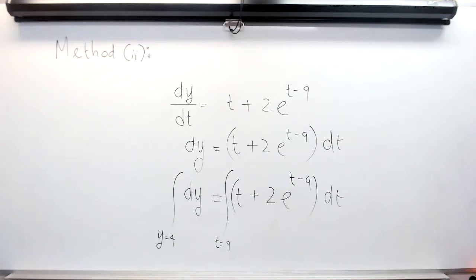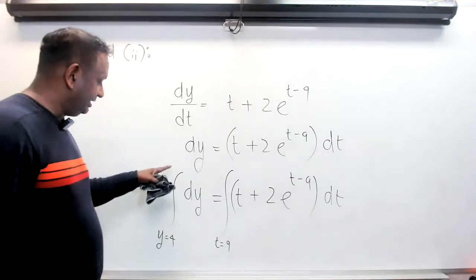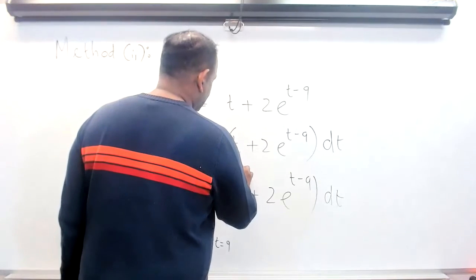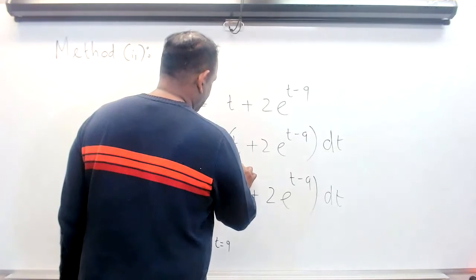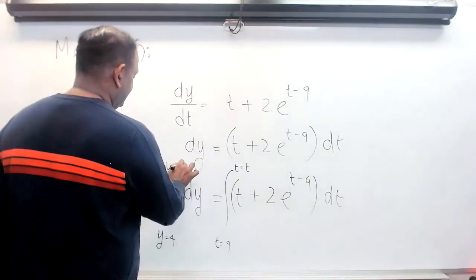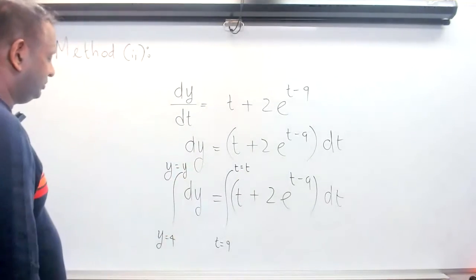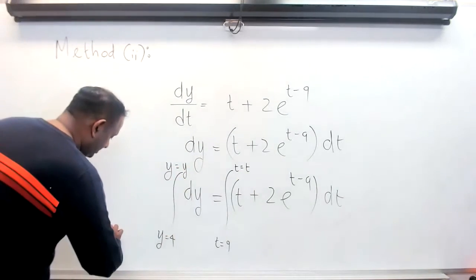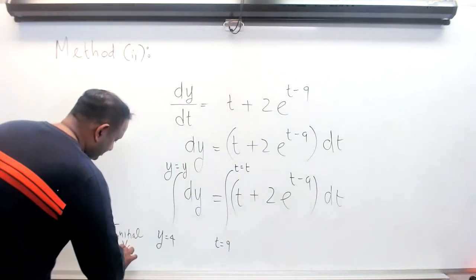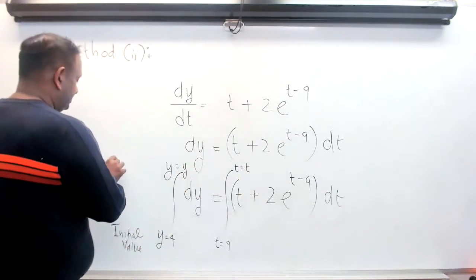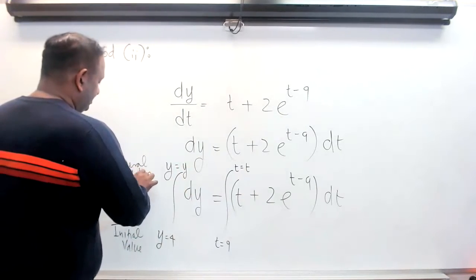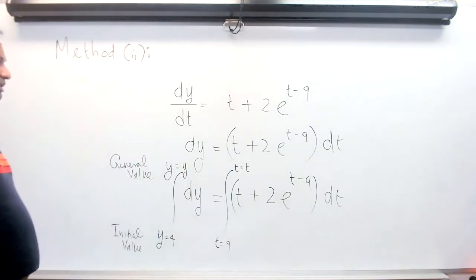I'm going to plug in those bounds. Then t equals t, y equals y. That's the general point. This is the initial value, and this is the general value, expressed in terms of y and t.